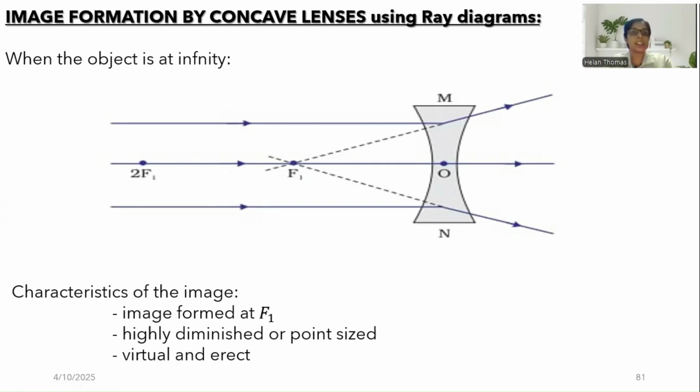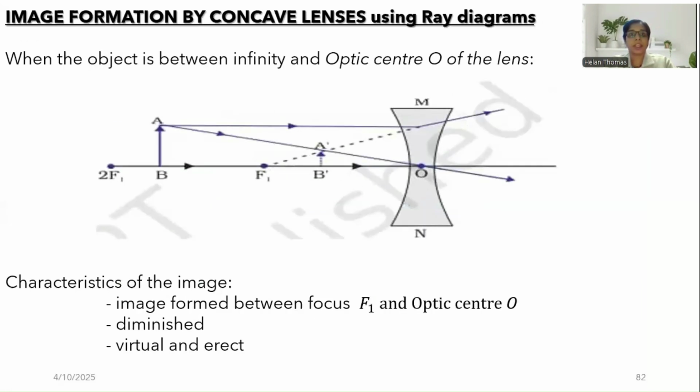When the object is placed in between infinity and the optic center, then you have the parallel ray hitting the lens and getting diverged. And here the ray that is passing through the optic center will go like this.